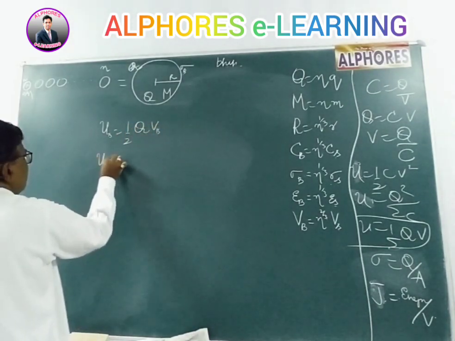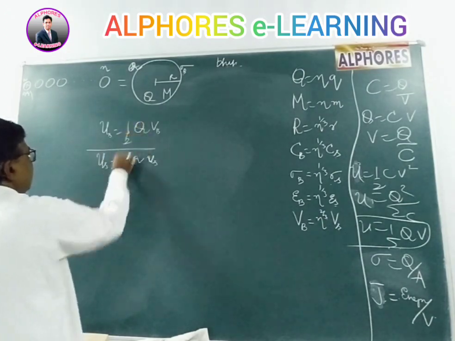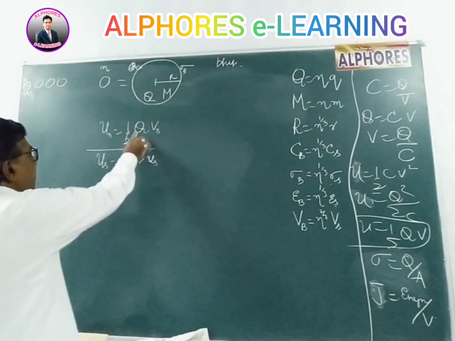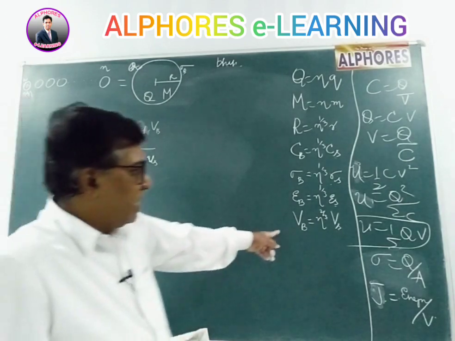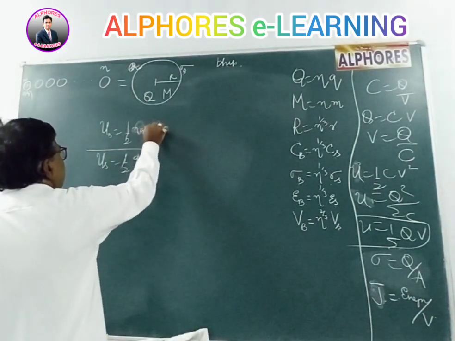The energy of the smaller drop is half Q small times V small. Then this cancels. Now substitute the terms. Q I have found as n times small q. Potential I have found, V big, is n power 2 by 3 times V small.